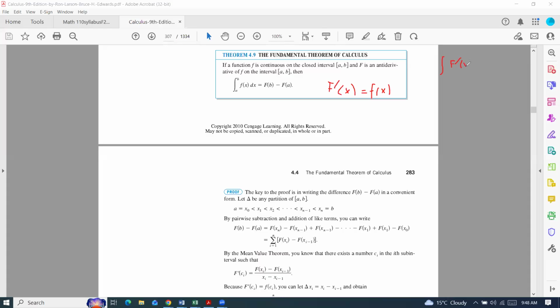So F prime of x, this antiderivative function that we know, when it's differentiated, we get our function f back. And now here's the amazing thing. Now we go from upper to lower. It's a definite integral compared to the general indefinite one. So we have upper limit minus lower limit.